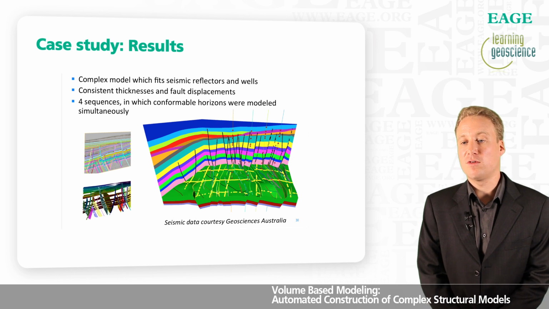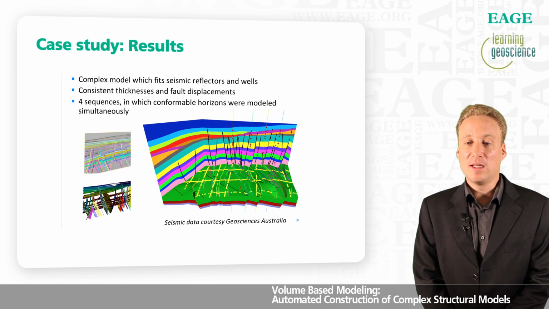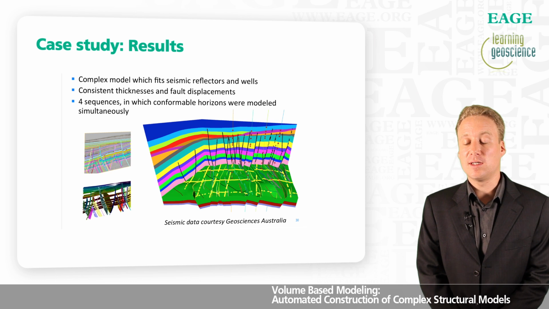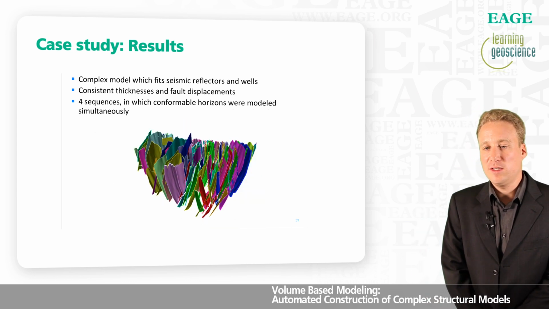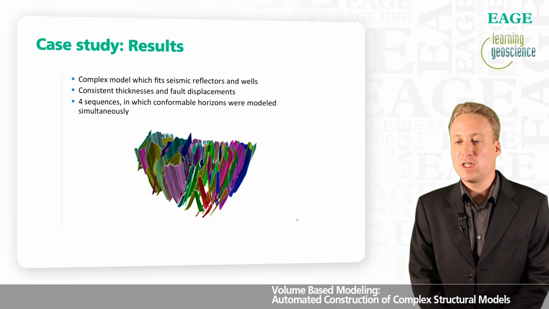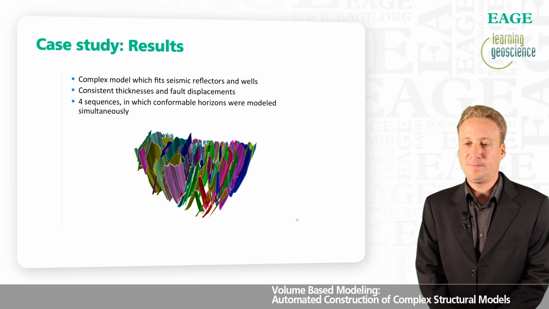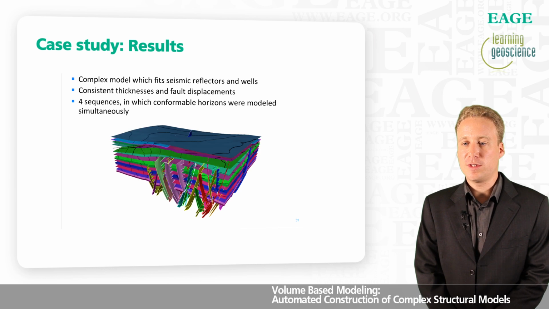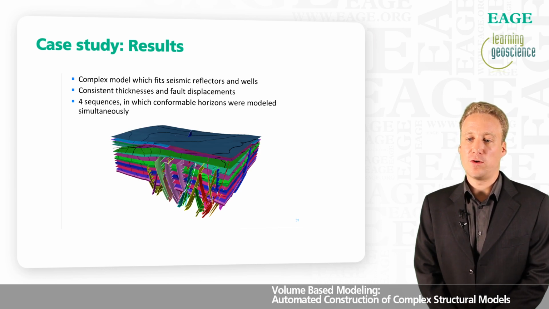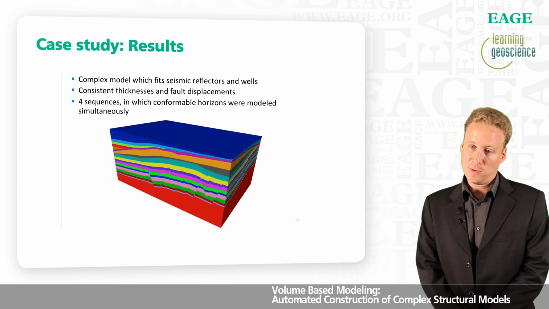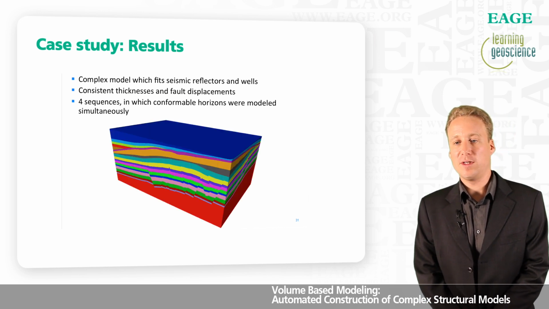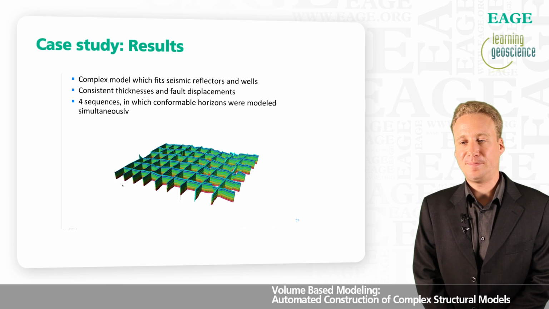All the layers have consistent thickness variations, and there is a consistent fault displacement on each fault. That's the result obtained in the form of cross-sections through a volume model. Here are the faults, the faulted horizons, and the final volume model that was then used to create a grid in the reservoir area.